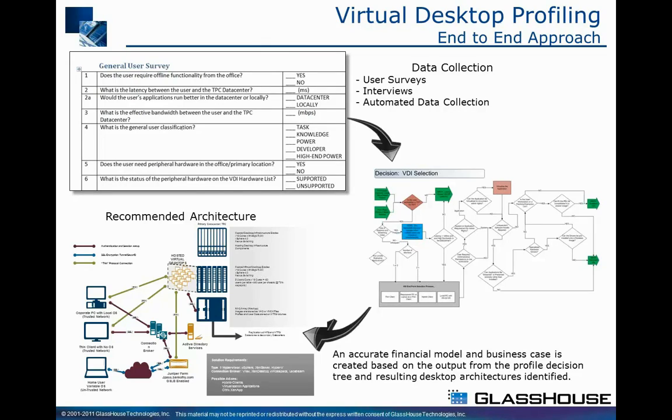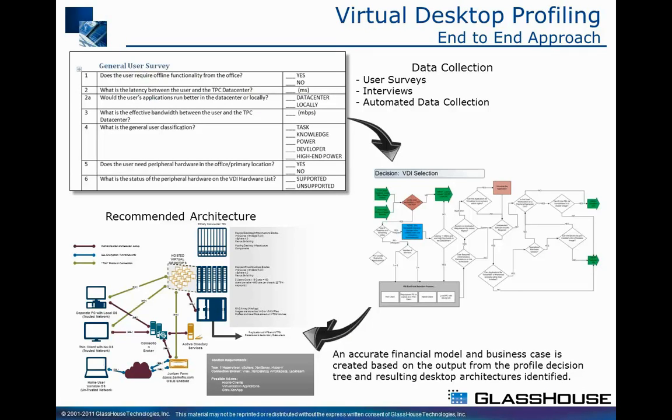But also, what's the business cycle? So is it monthly that there's a closure at the end of every month, or per quarter, or annually? And those numbers definitely help us define and design the environment.